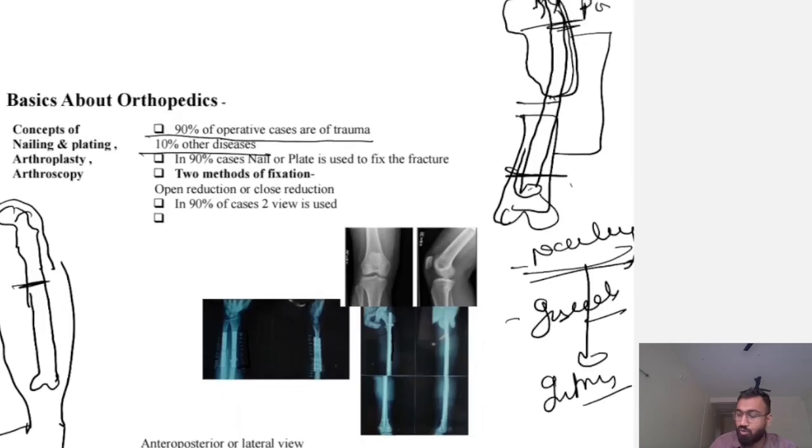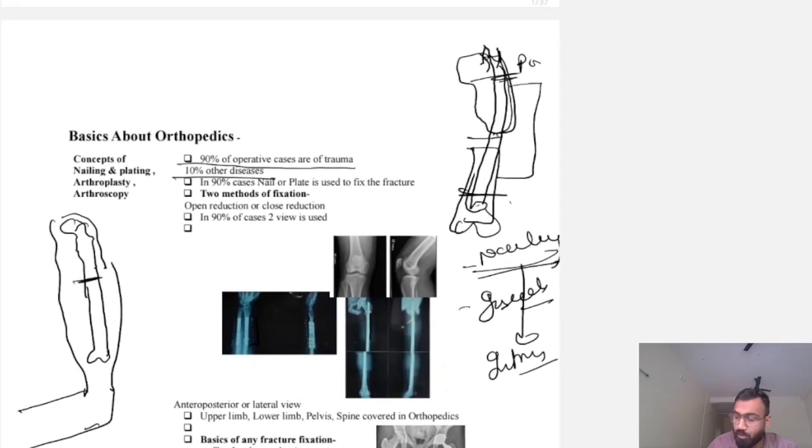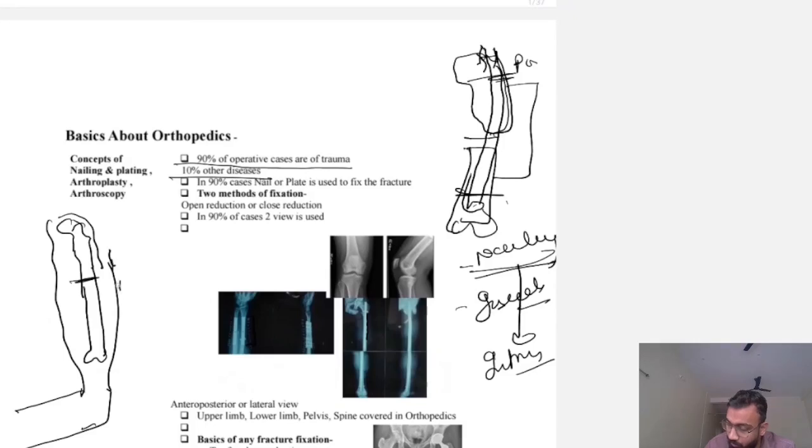If you want to apply a plate, you have to give an incision from here to here, because there are multiple screws. So you have to give this much incision. Now you have to give a 10 centimeter incision to put a plate. Okay, so in open reduction you have to give a large incision.